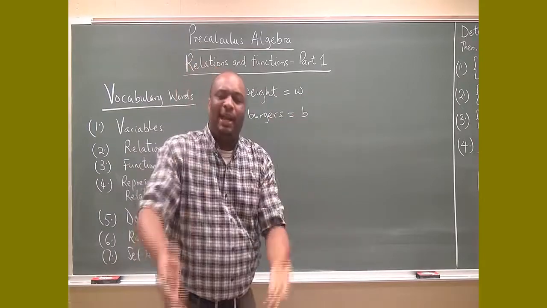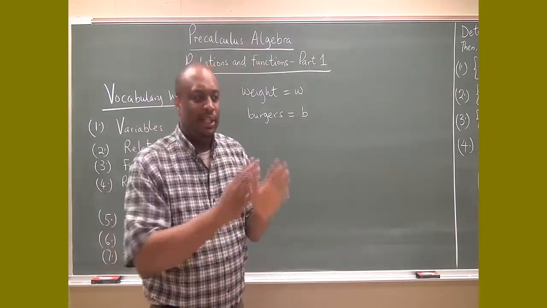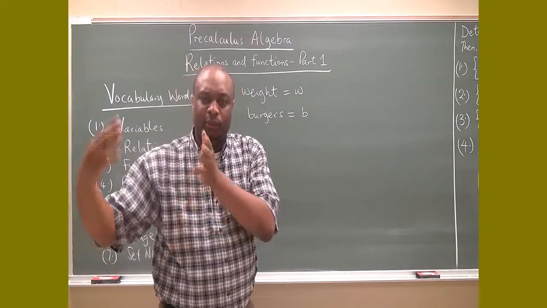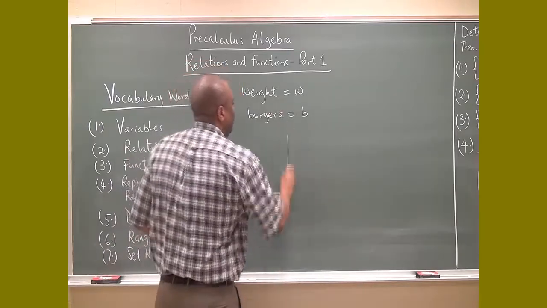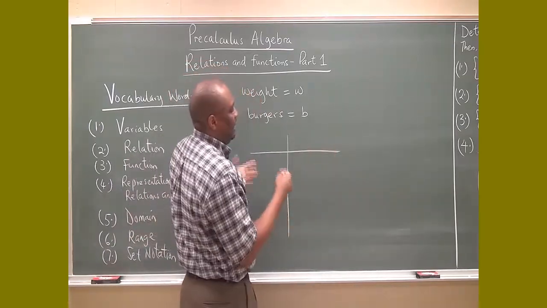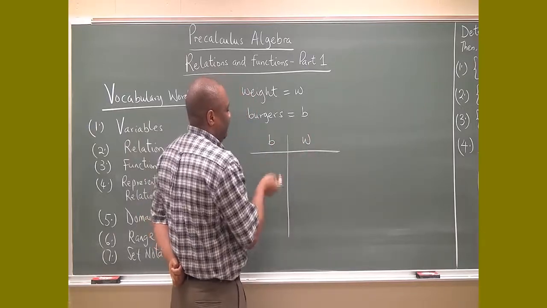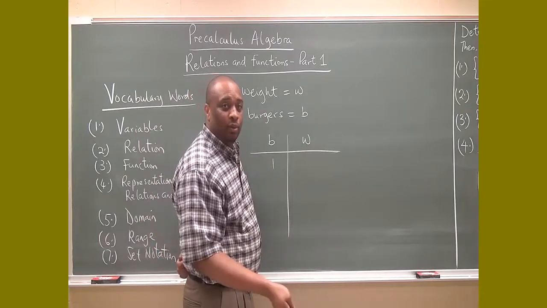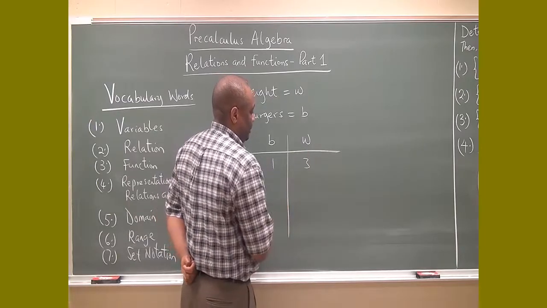So let's say you want to write a grant. You want to do a research on the effect of burgers on the weight that people gain. So maybe you find out that when somebody eats a burger, probably the person will gain 3 pounds.